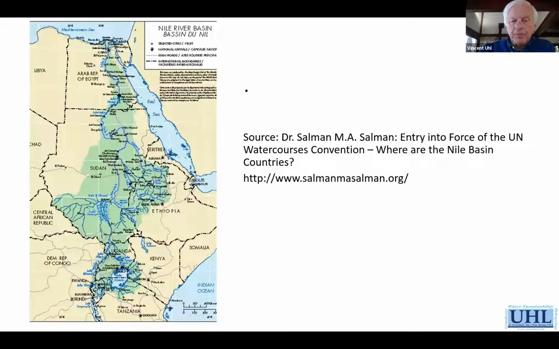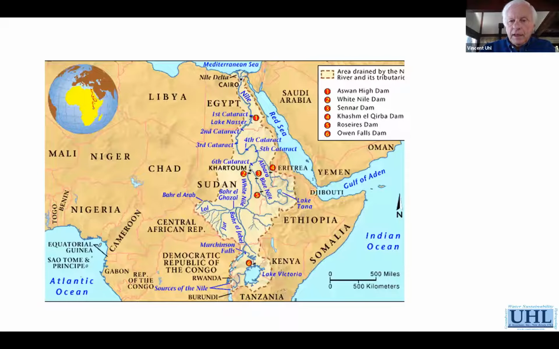There's 10 plus countries in the basin, and in terms of dams, which is always a subject of interest, some of the famous ones are the Aswan High Dam in Egypt, the White Nile Dam near Khartoum, the Sennar and the Rosarius dams on the Blue Nile in the Sudan. The GERD, which is not on this map, is just to the east of the Rosarius Dam, and then the Owens Falls Dam in Uganda.